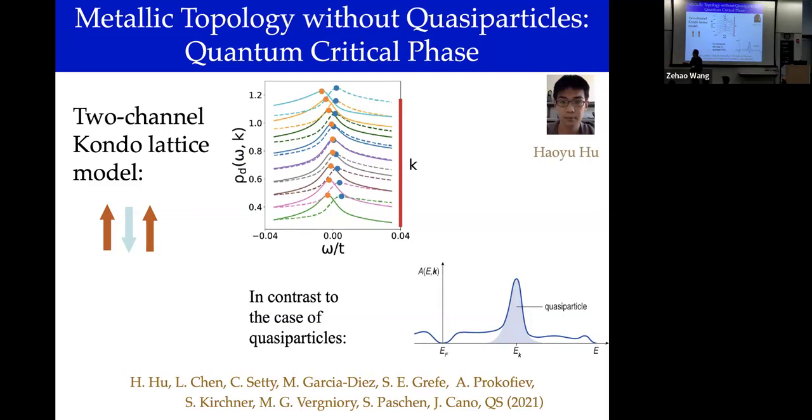I still have a lattice of spin 1/2 moments, but now I have 2 degenerate species of conduction electrons. And I need the right symmetry for these 2 species of fermions to be degenerate and also have the identical coupling with the local moments, the same degenerate Kondo coupling. If that were realized, this is called a 2-channel Kondo lattice.